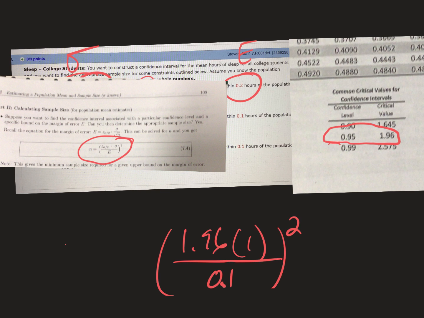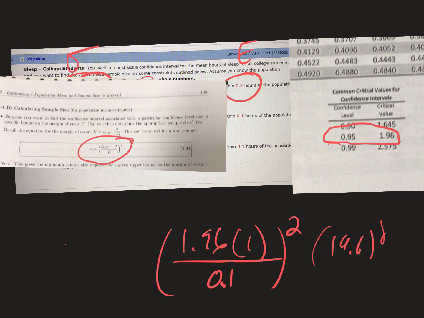So I'm just going to grab my calculator. 1.96 divided by 0.1 should be 19.6. It is. And so I'm going to take 19.6 and square it.